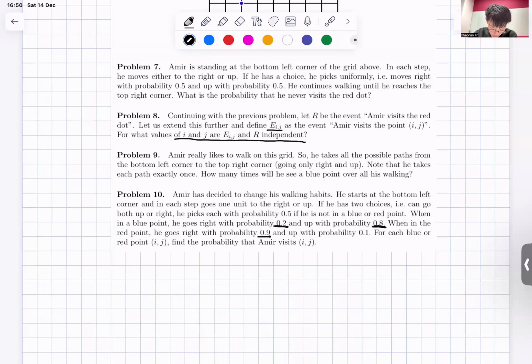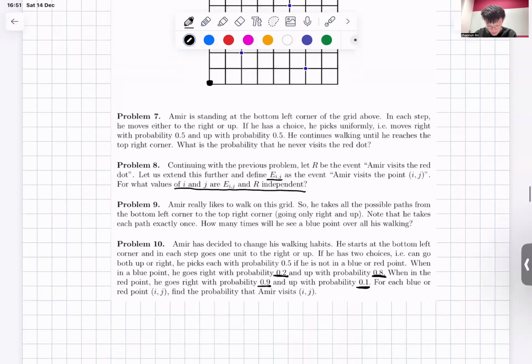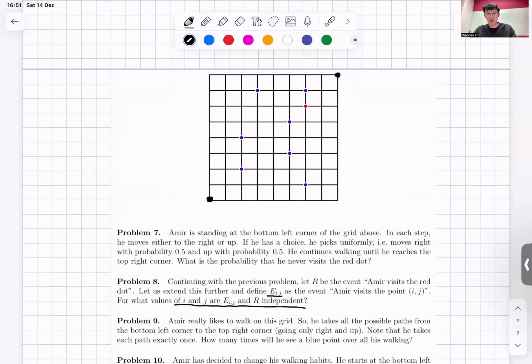For red points, we go right with 0.9 and go up with 0.1. So you just need to modify the Python code. I have written one Python code for you. You just need to modify when you should change your probability in moving right or up.